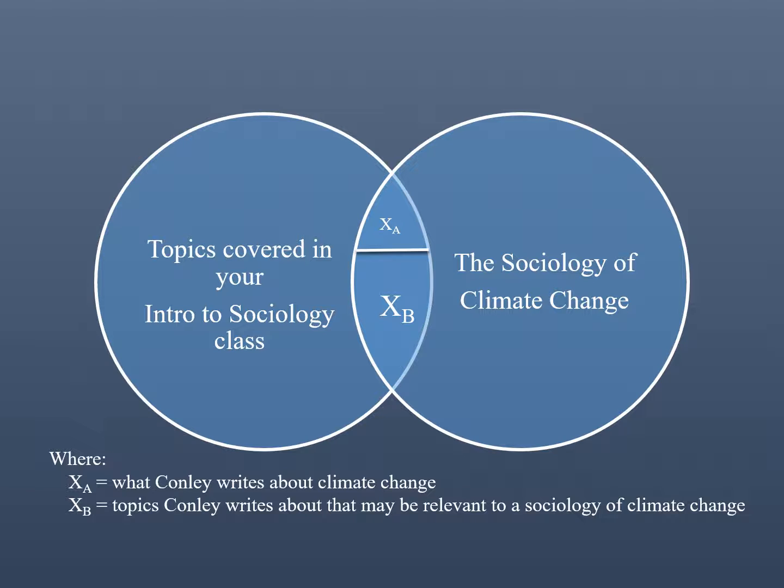Modern academic sociology is very broad. It analyzes all the facets of human social life, some of which, although obviously important and interesting, don't have all that much to do with the climate crisis. For the sake of keeping this video as short as possible, I will not say any more about the left side of the Venn diagram.